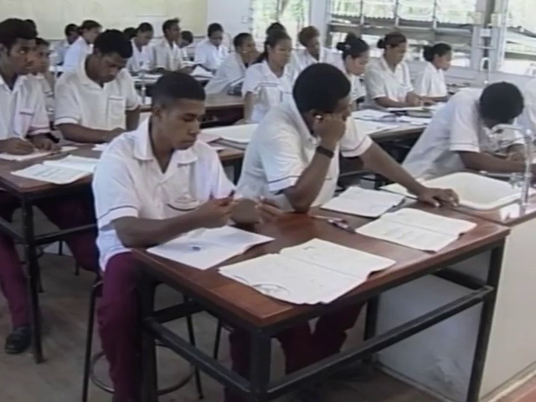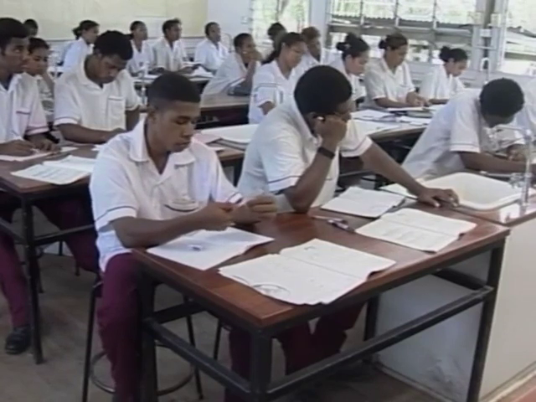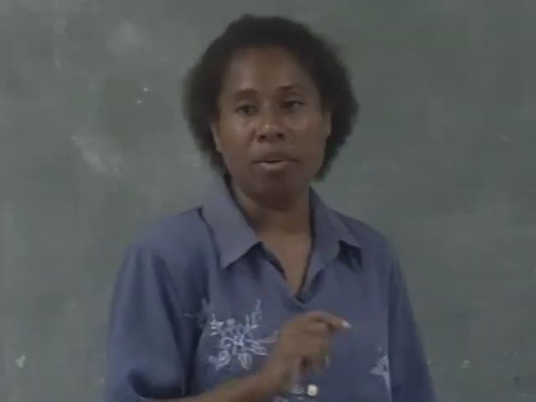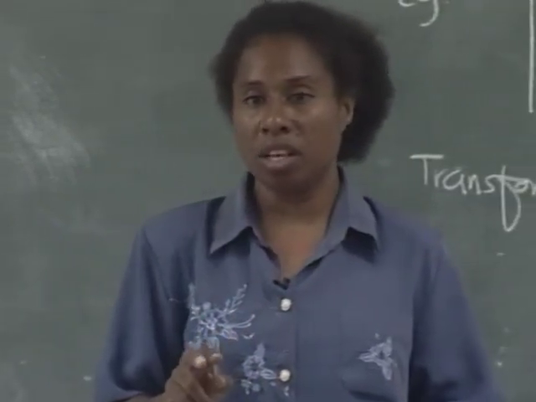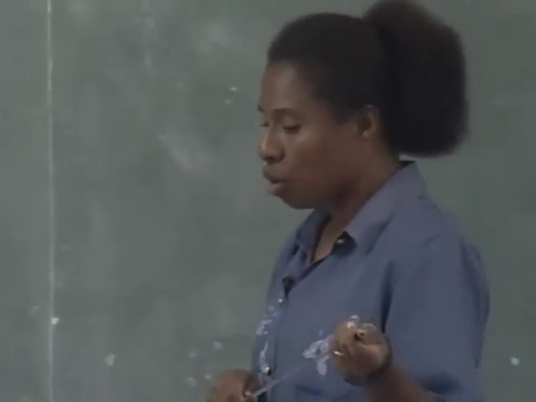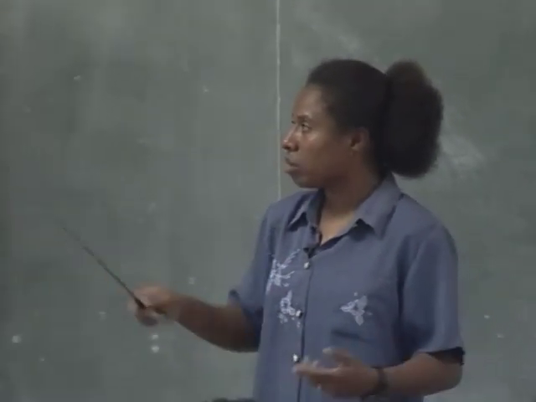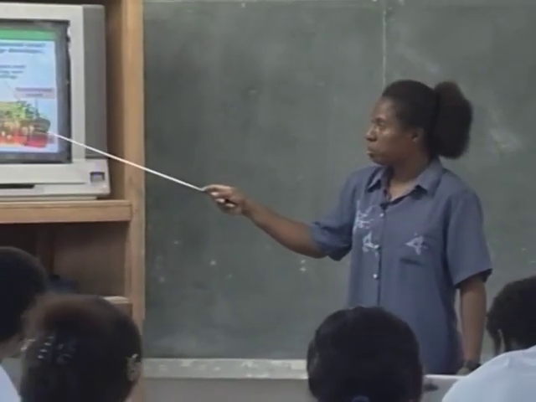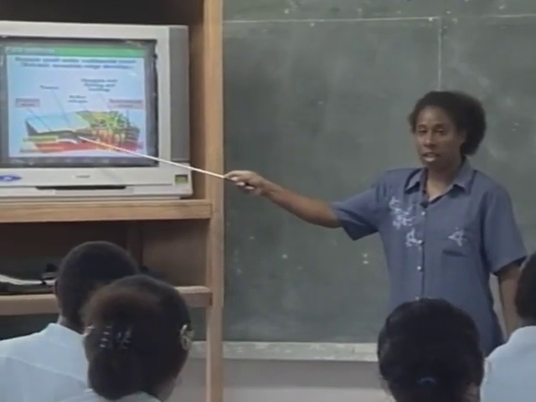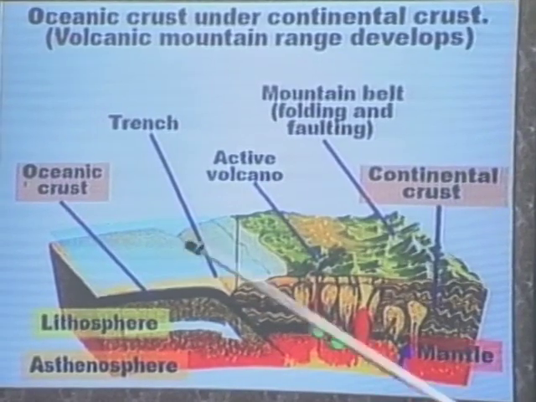You can construct, for the converging of plates, 2 or 3 diagrams, or even 1 diagram to show all those features. We'll take, for example, if you are going to show the fold mountains, the trenches, the volcanic arcs, the fissures or the cracks, you can have a continental plate meeting with an oceanic plate.